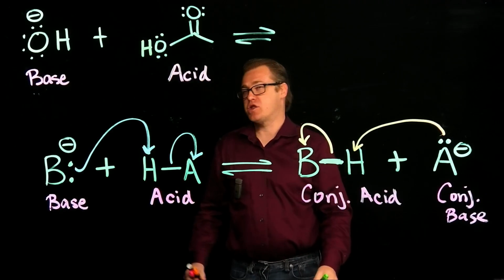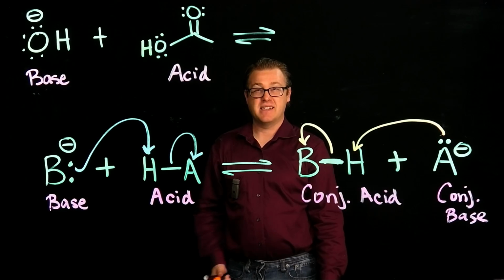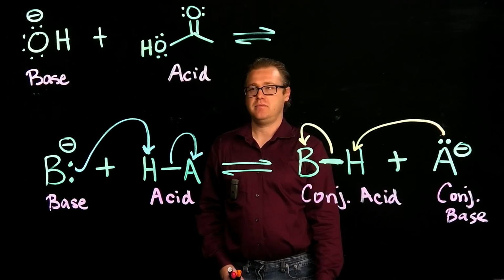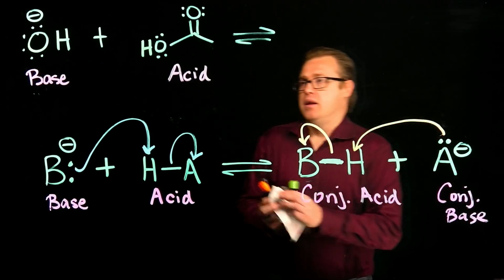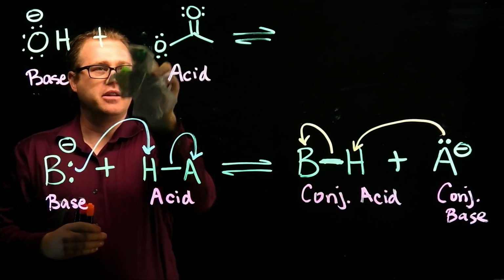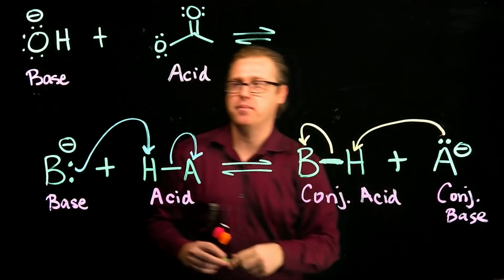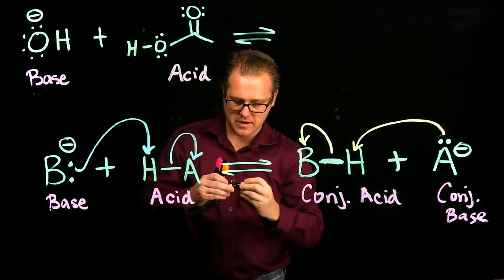And now it's not so obvious which hydrogen is going to be the acidic hydrogen. But I'm giving you contextual clues to make sure you can see what's happening. Like that. Okay.